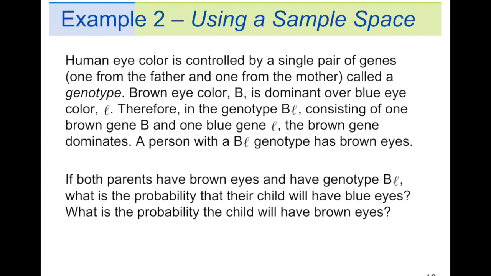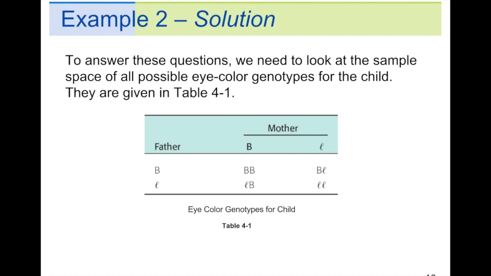If both parents have brown eyes and have a genotype brown-blue, what is the probability that their child will have blue eyes? What is the probability that their child will have brown eyes? To answer these questions, we need to look at the sample space of all possible eye color genotypes for the child. They are given in Table 4.1.